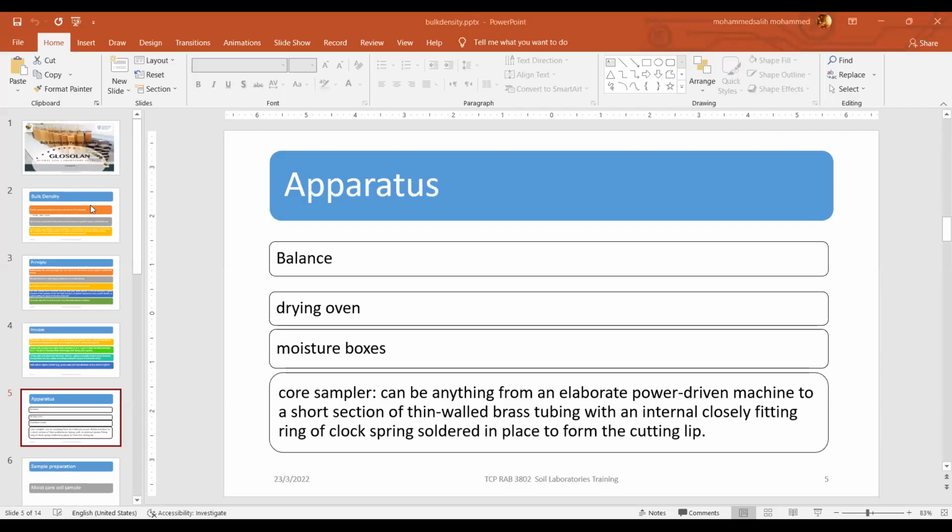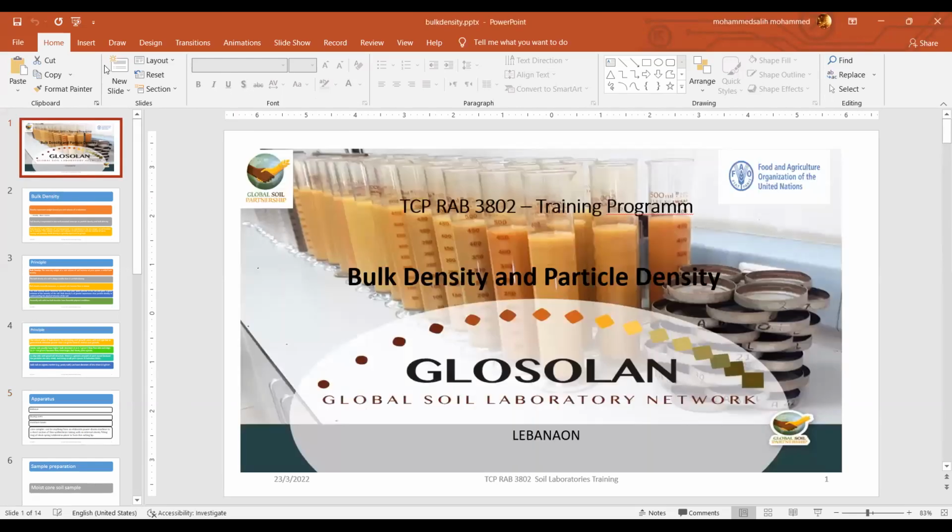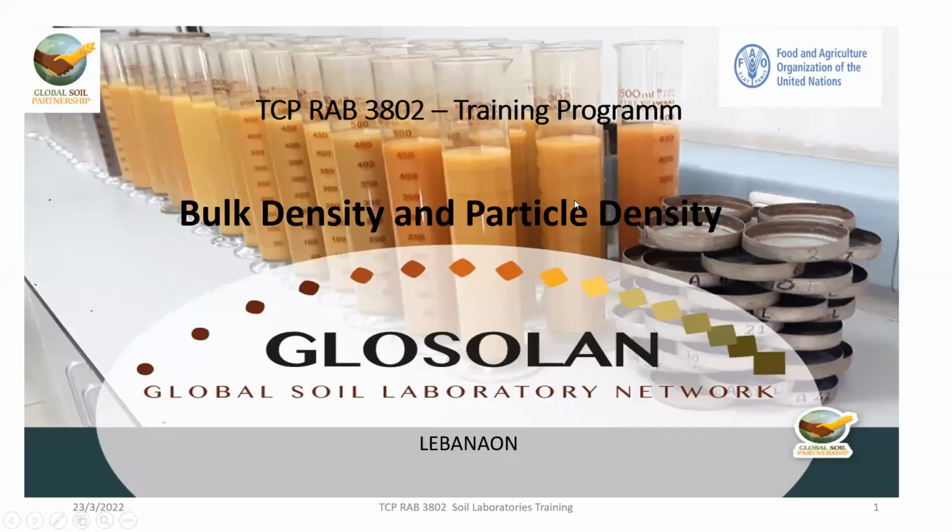Today I think that we have very quick and rapid methods in general. For the second presentation, I combined bulk density and particle density because they have a relative impact and importance on the soil.